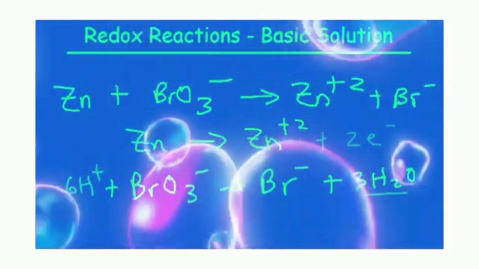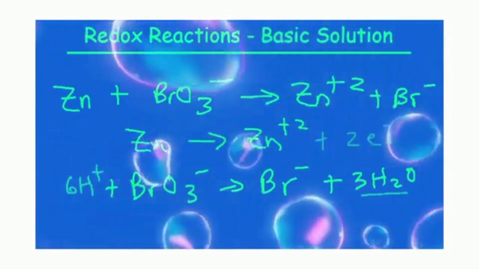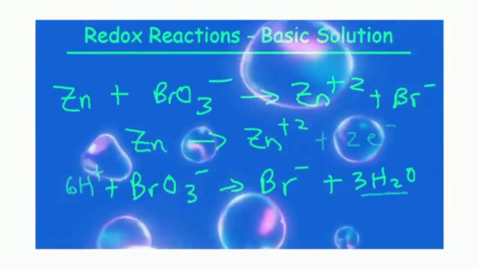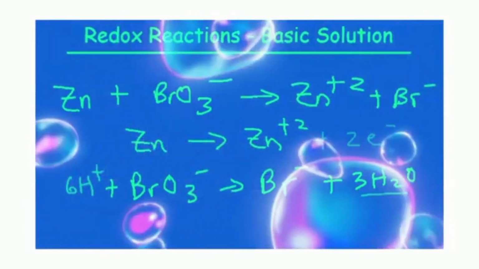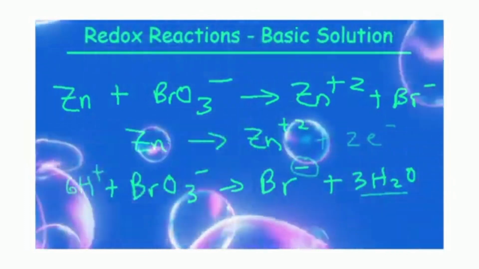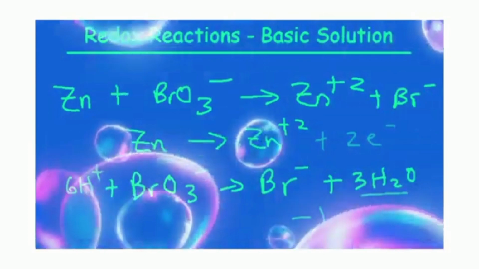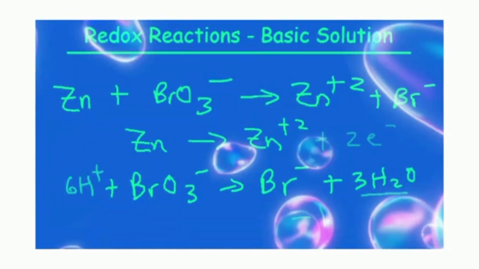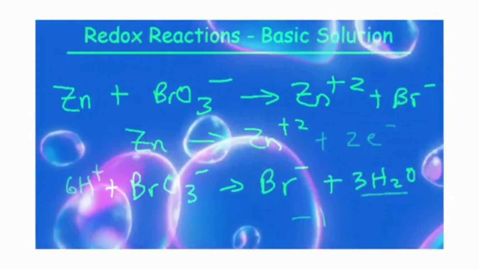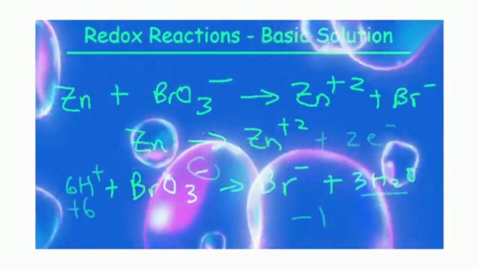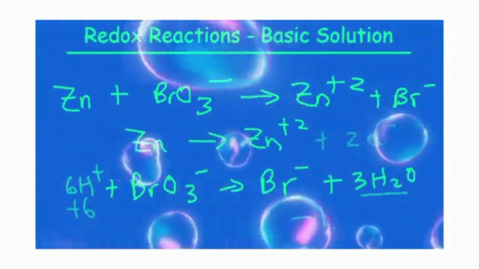Now once the number of atoms is balanced on both sides, we can balance the charges by adding electrons. The total charge on the right side is -1. The total charge on the left side: we have 6 hydrogens each with a +1 charge, so 6 times 1 is +6, plus the negative charge from the bromate ion.